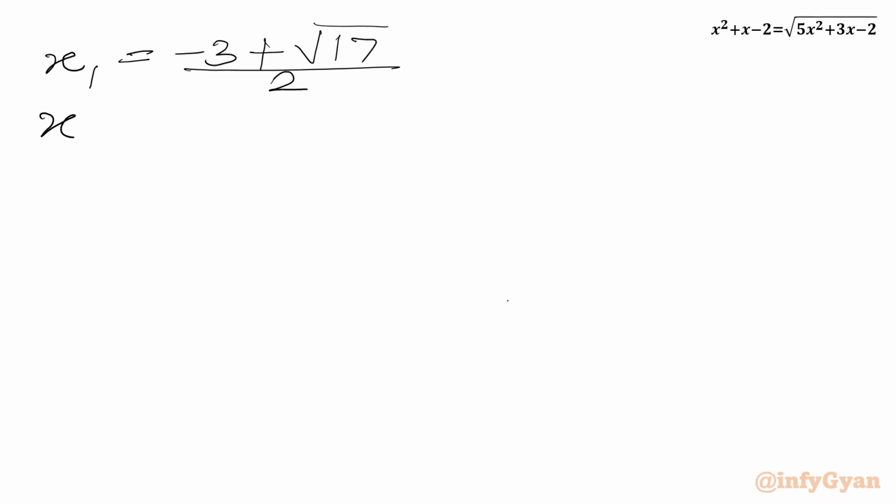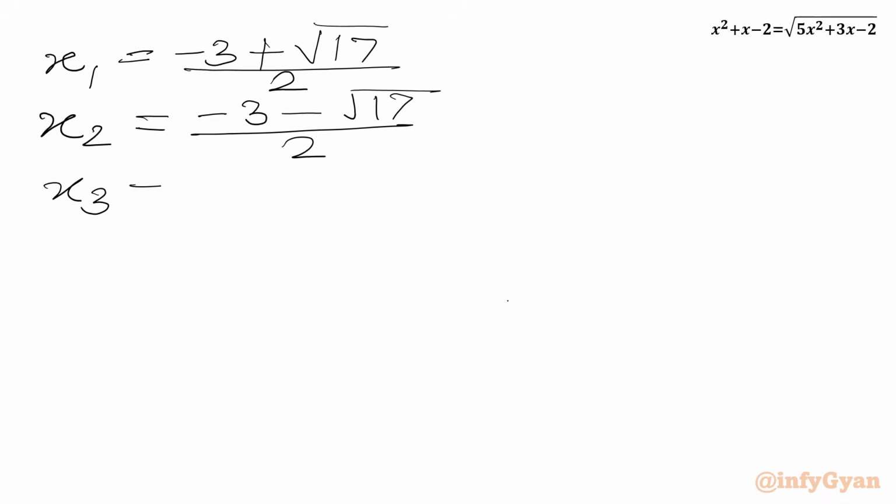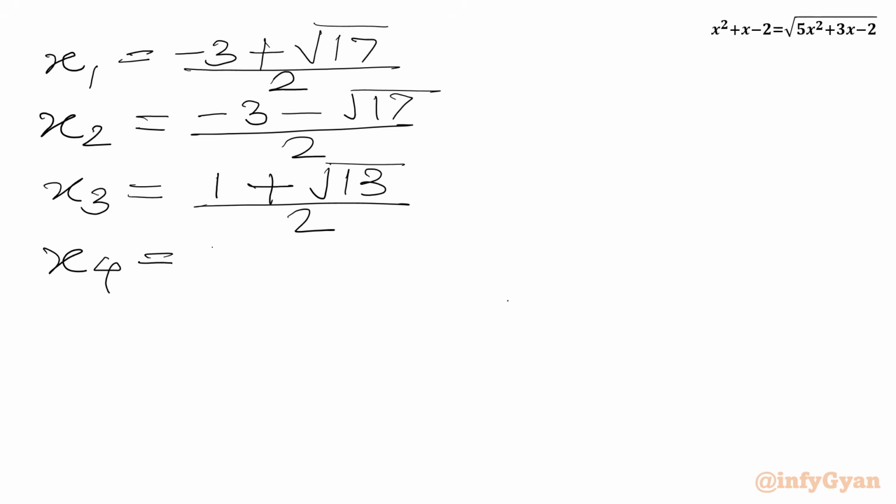I am writing x2 minus 3 minus square root 17 over 2. I will write x3 will be equal to 1 plus square root 13 over 2. And we will write x4 1 minus square root 13 over 2.